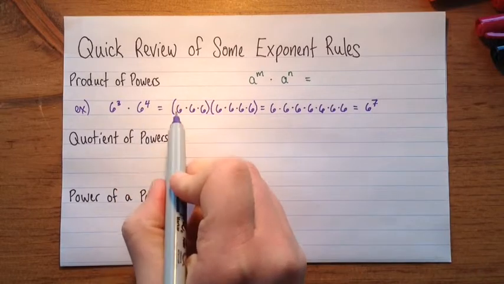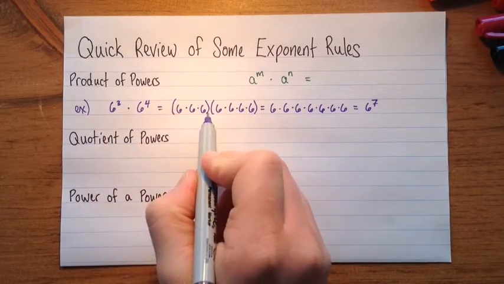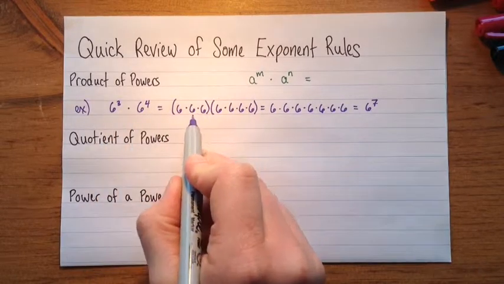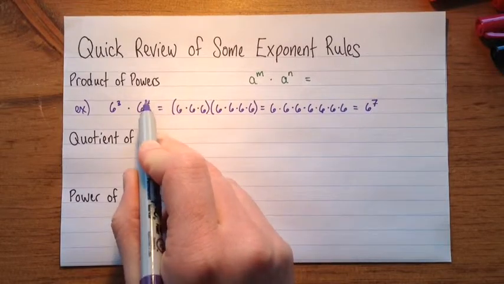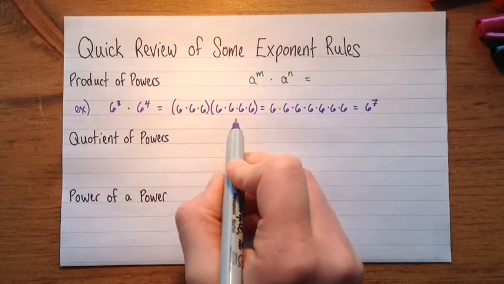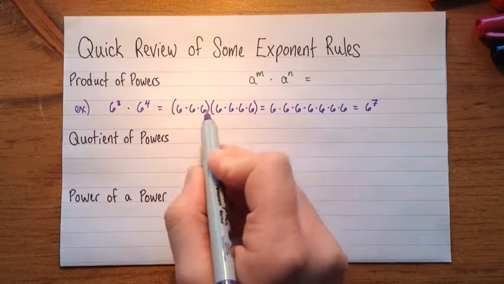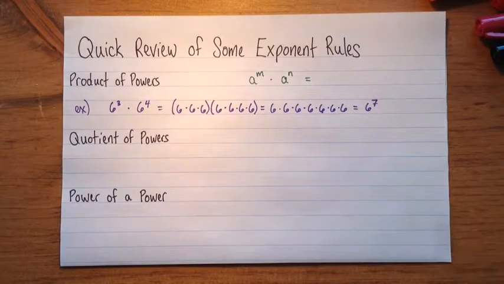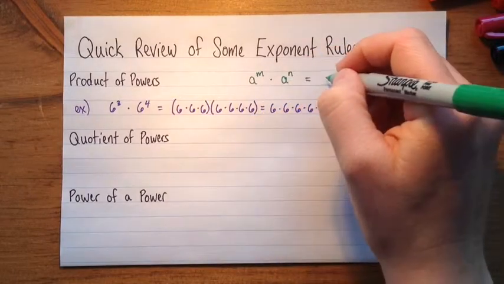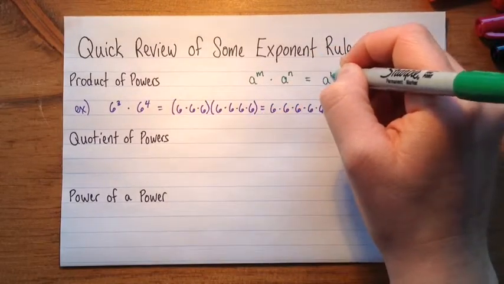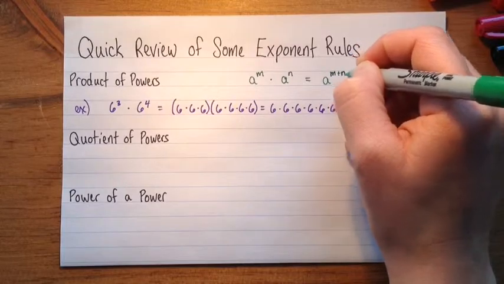And this totally makes sense, because 6 to the exponent 3, and this really could be any number, we'd write out that many 6's. And then we'd write out however many 6's we had in the second expression, and then altogether we're just adding up those two numbers. So what this rule is, a to the exponent m times a to the exponent n is a to the exponent m plus n.